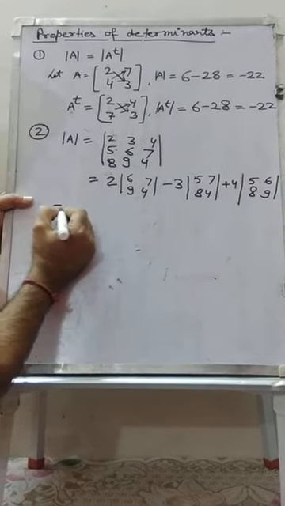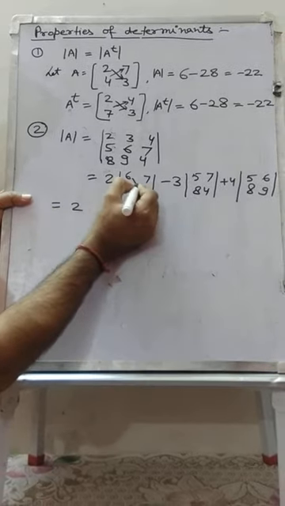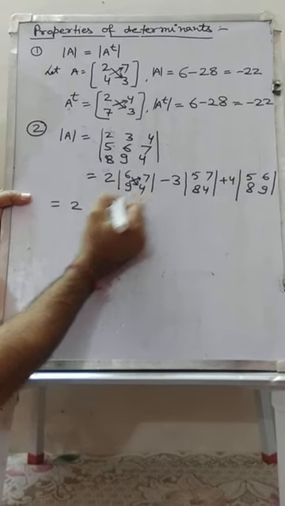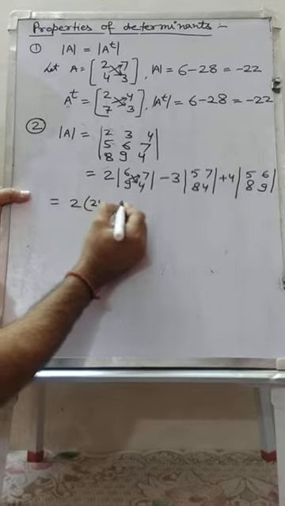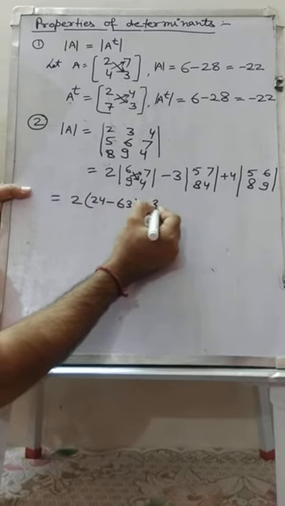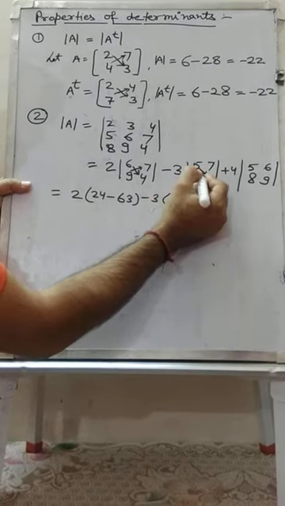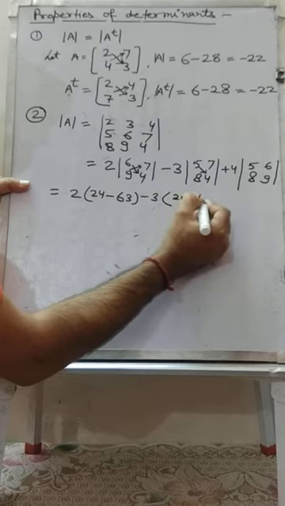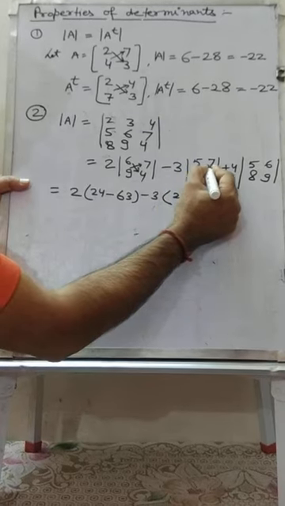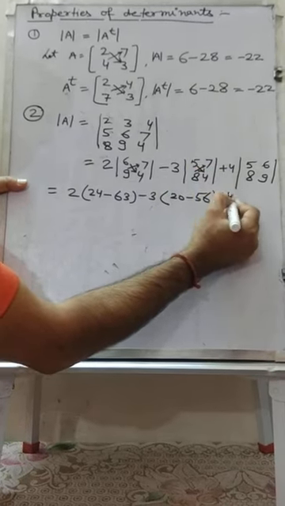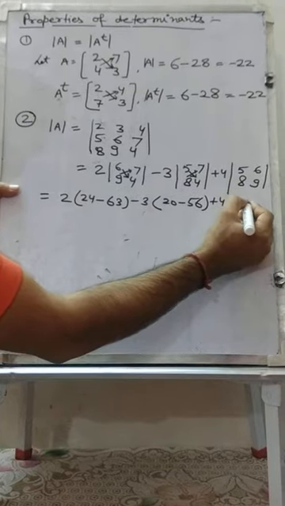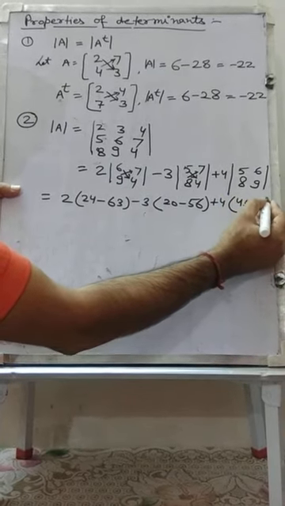So this will be equal to 2 into (24 minus 63), minus 3 into (20 minus 56), plus 4 into (45 minus 48).